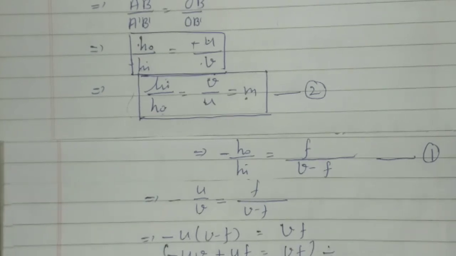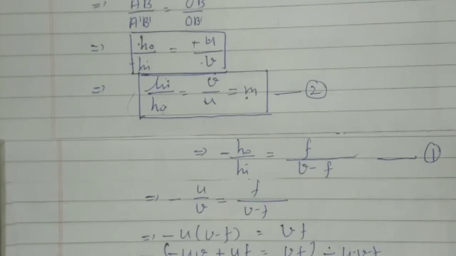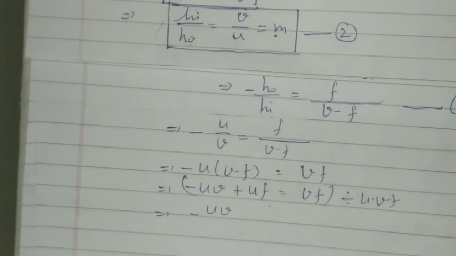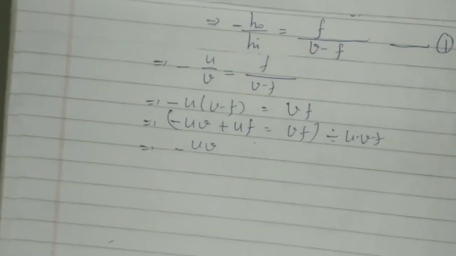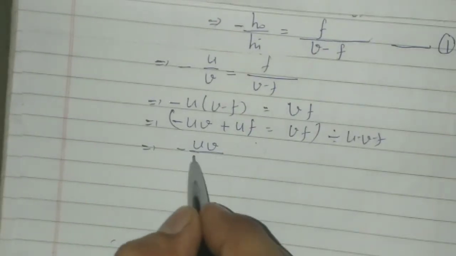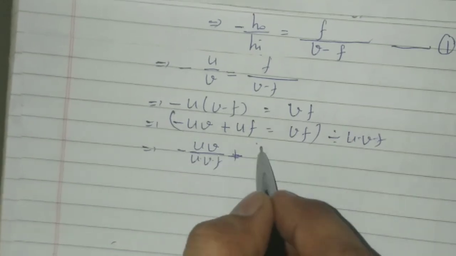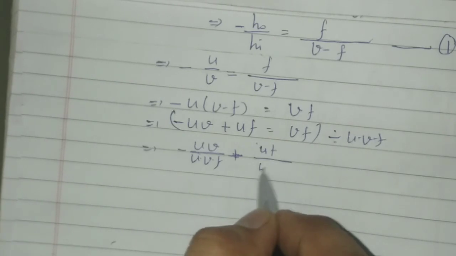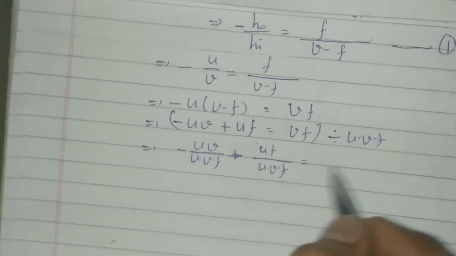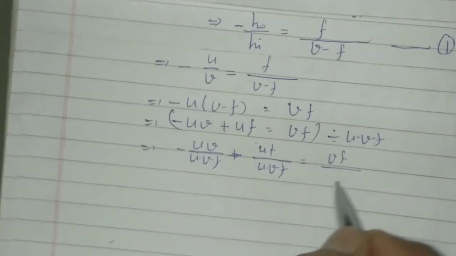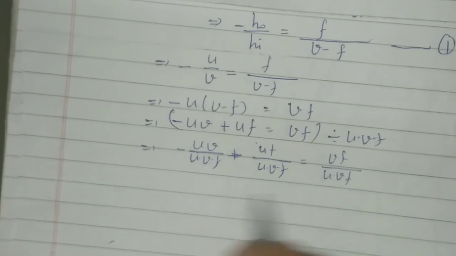Now divide the equation by U into V into F. We will have minus UV upon UVF plus UF upon UVF is equal to VF upon UVF.